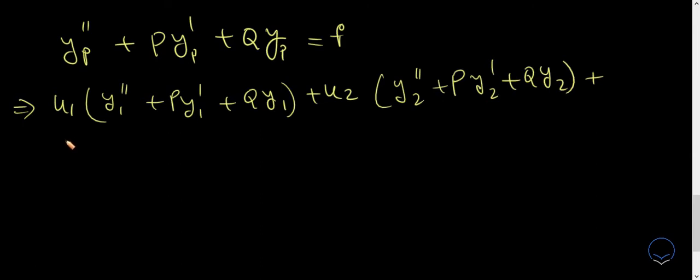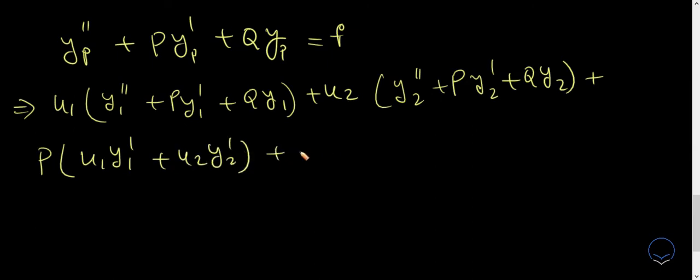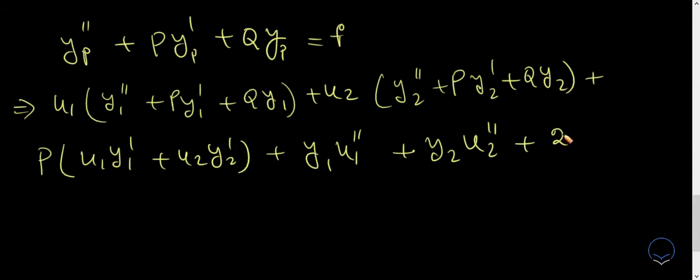Plus p times (u1 y1 prime plus u2 y2 prime) plus y1 u1 double prime plus y2 u2 double prime plus 2 u1 prime y1 prime and u2 prime y2 prime, and this will be equal to our f, right?